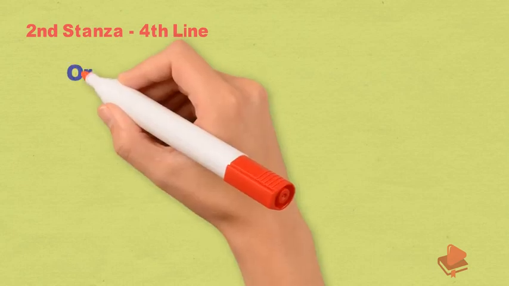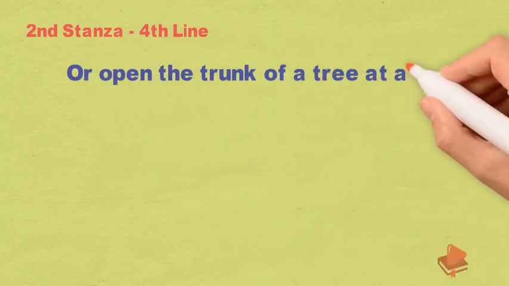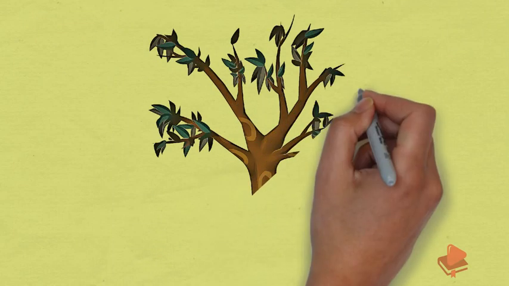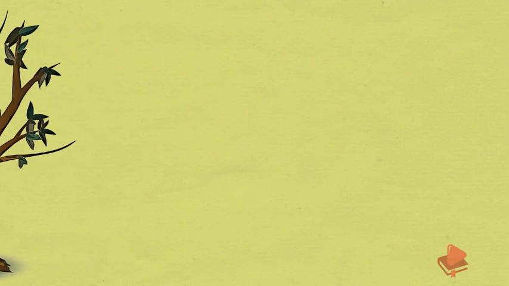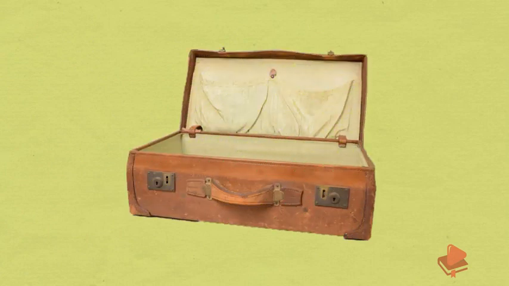In this line, the poet tells, or have you seen open the trunk of a tree at all? Now, here in this line, we can see the picture of a tree having a trunk. And on the other side, in this picture, you can see an actual trunk.